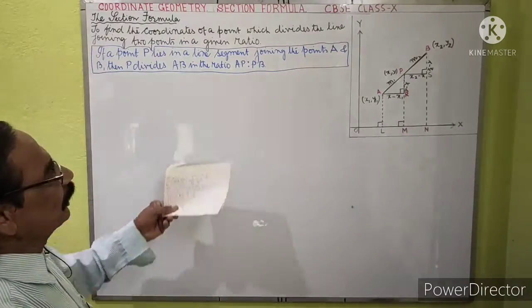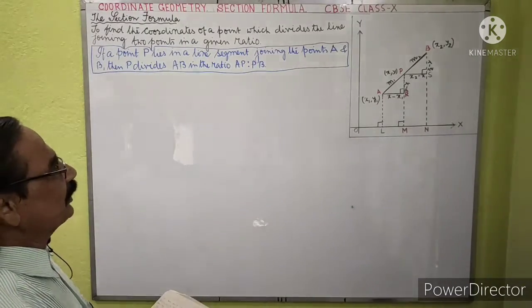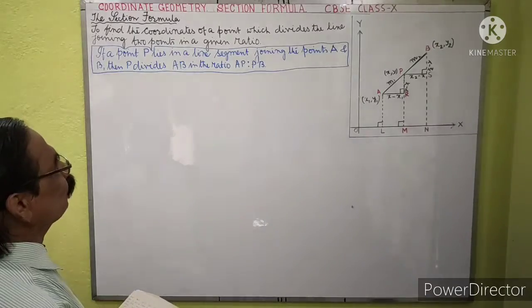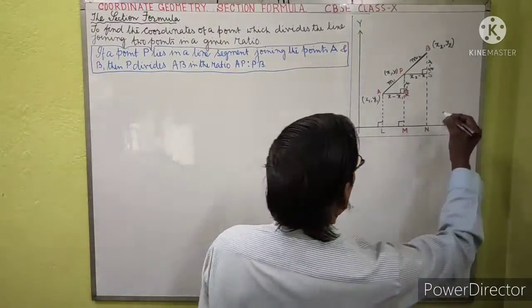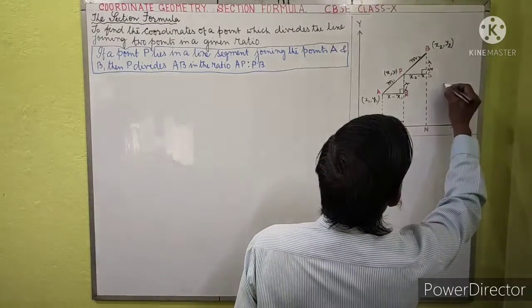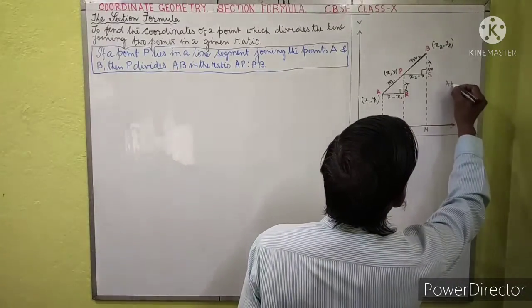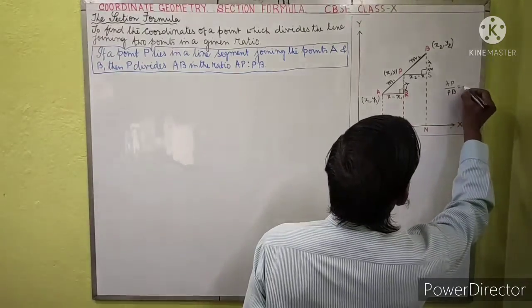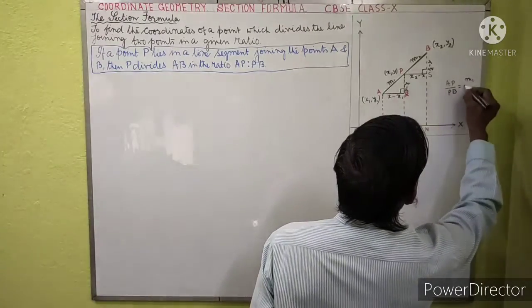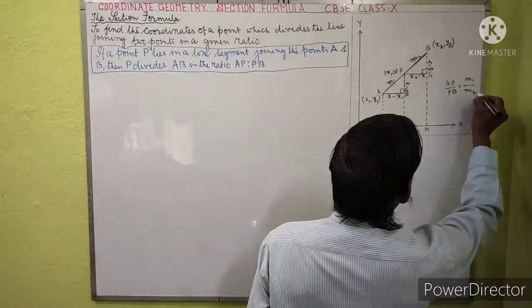To find the coordinate of a point which divides the line joining two points in a given ratio, the ratio AP by PB is equal to M1 by M2.